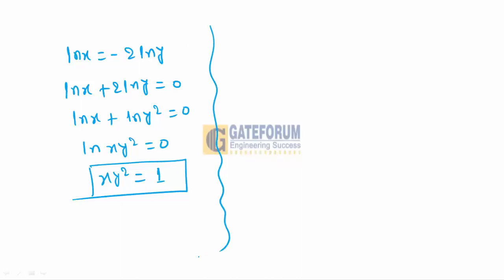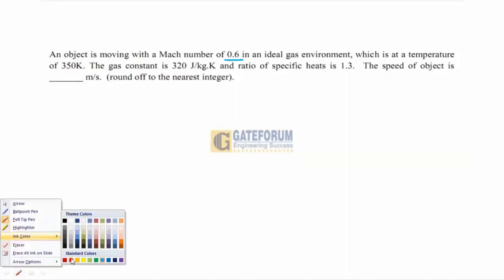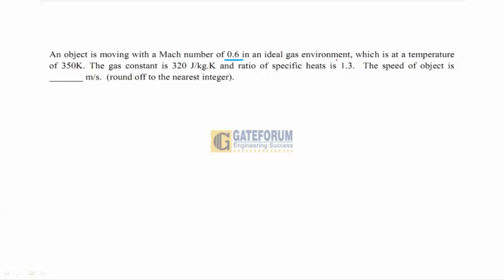Now come to another question. See this question, my dear friends. An object is moving with a Mach number of 0.6 in an ideal gas environment, which is at a temperature of 350 Kelvin. The gas constant is 320 joule per kg Kelvin.